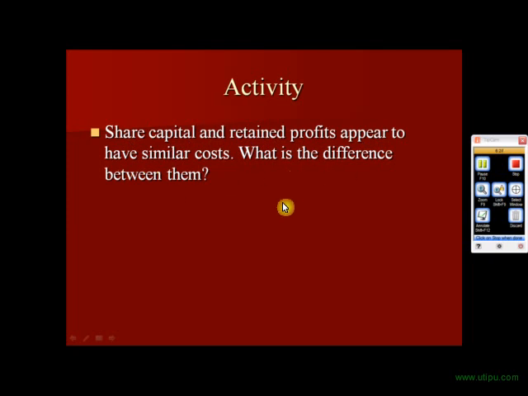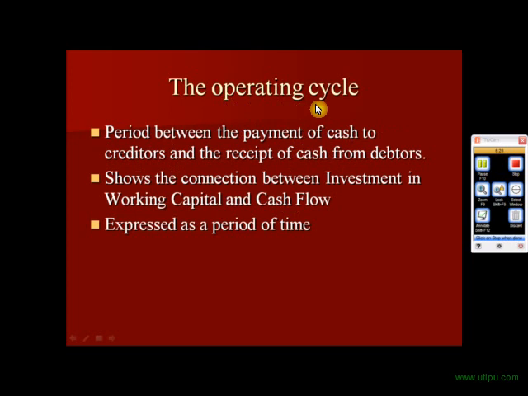What is the difference between them? The operating cycle is the period between the payment of cash to creditors and the receipt of cash from debtors. It shows the connection between investment, working capital and cash flow, expressed as a period of time.